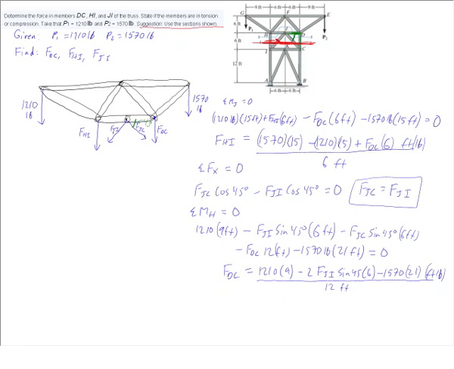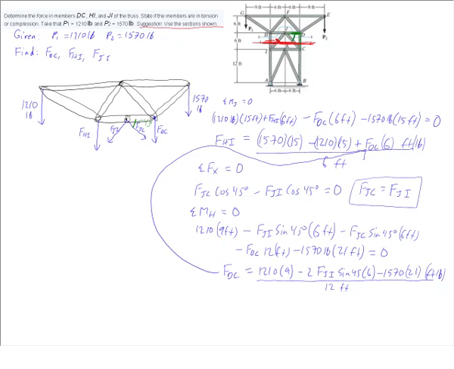and this is where we run into an issue. So we now have FHI in terms of FDC, we have FDC in terms of FJI, and then we have FJC in terms of FJI. So there's no equations that we can really go any further on. I could plug this equation up into here, but that wouldn't really solve anything for us.